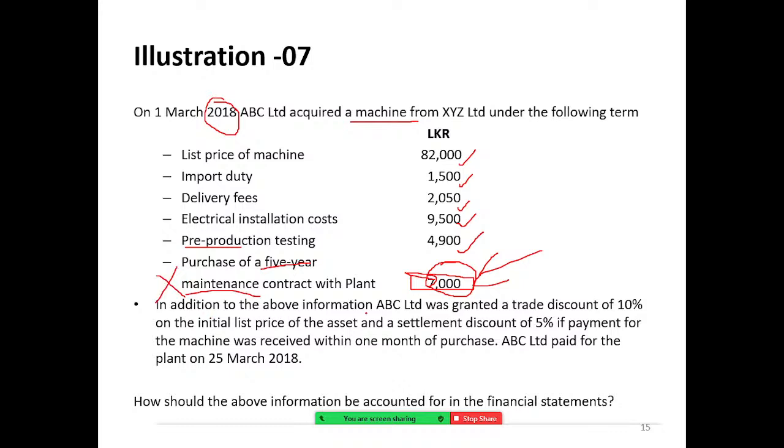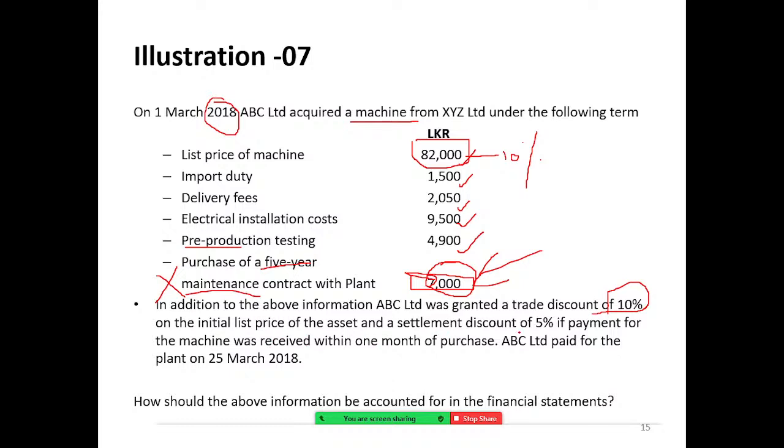In addition to the above information, ABC Limited was granted a trade discount of 10%. So this is the list price, and we have to deduct the 10% trade discount of the asset.